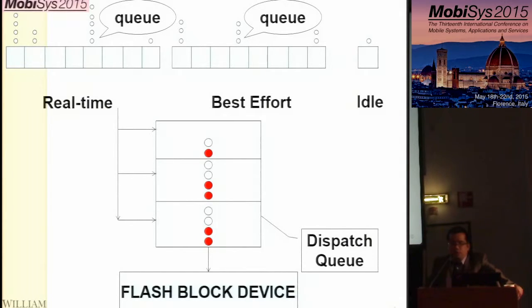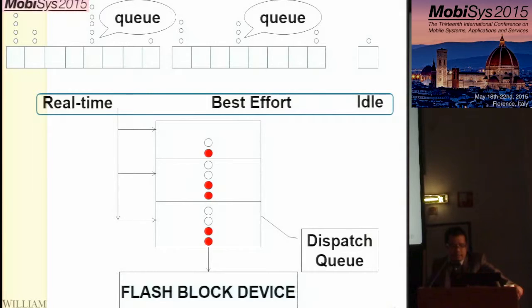All right. So in our work, we actually don't change this structure. What we do is that in addition to that, we reorganize the dispatch queue so that from the bottom up, they are organized as real time, and then best effort, and then idle. Well, but how are they organized? They are reorganized based on the class, okay?